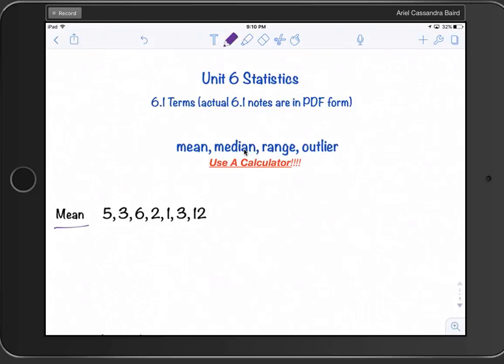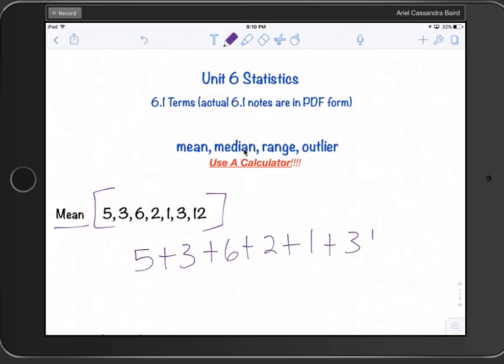In order to calculate the mean, we take all of the terms in this data set and we add them together. So we have 5 plus 3 plus 6 plus 2 plus 1 plus 3 and plus 12. All that together equals 32.